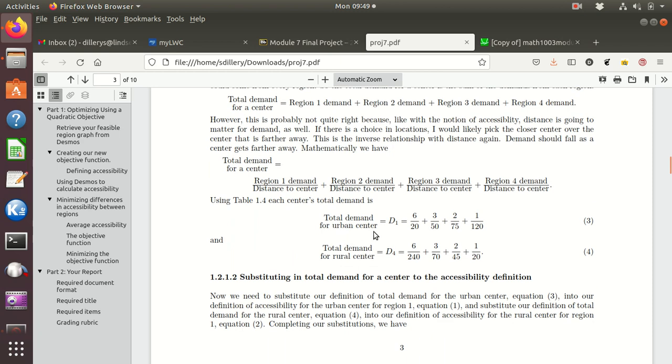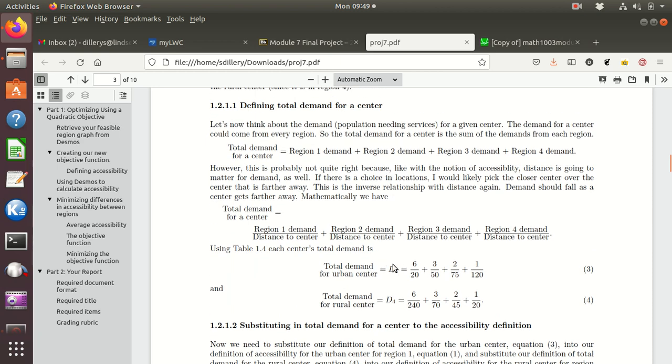And so our demand at the urban center, which I'll call D1, is the 6, because that was the Region 1 demand, but divided by 20 because it only takes 20 minutes to get there. Then 3 divided by 50, 2 divided by 75, 1 divided by 20, because again it took 2 hours for the Region 4 people to get to Region 1.